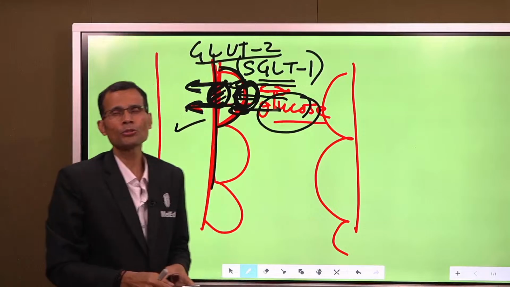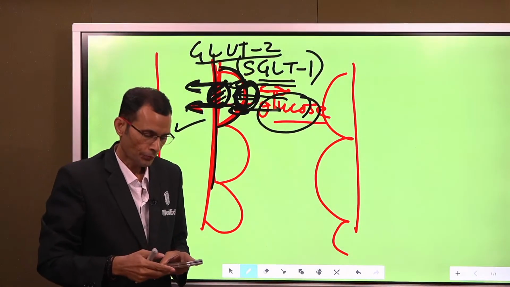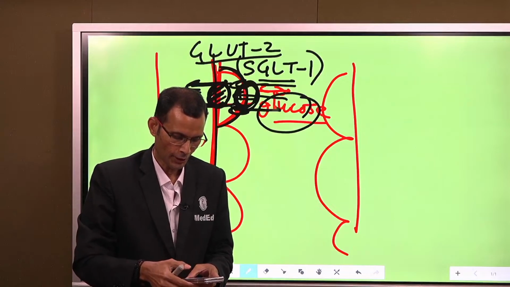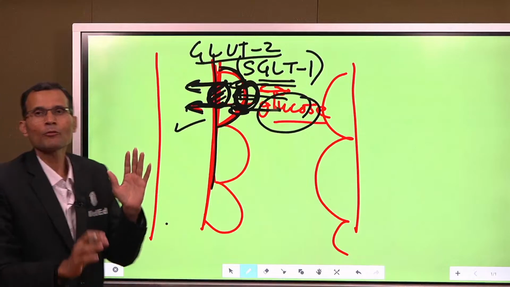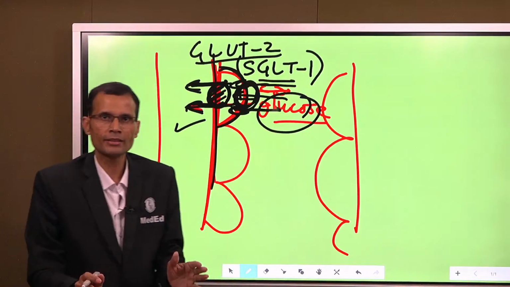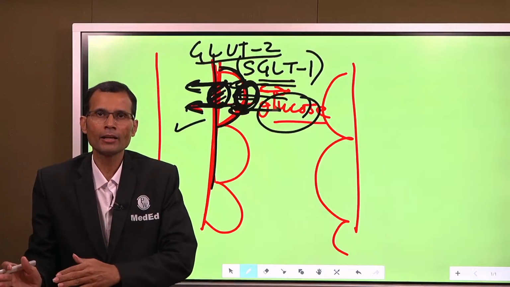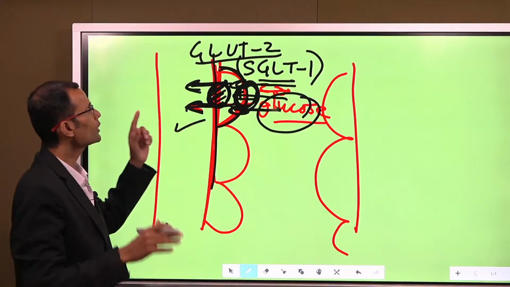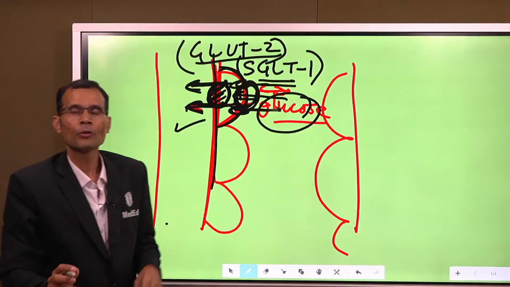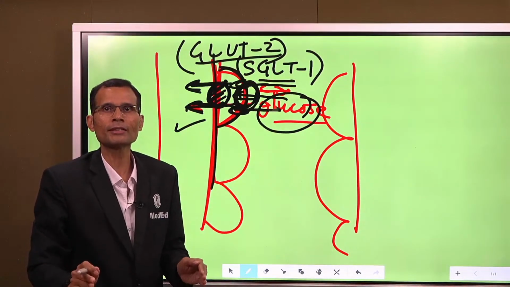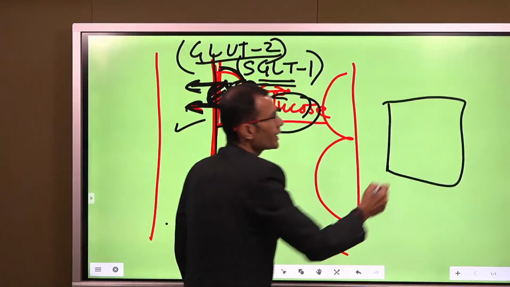So I want you to just remember this one little fact: glucose leaves the cell by using only one type of transport protein, that is GLUT2. Whenever glucose has to leave the cell, for example, there is muscle or liver glycogen.